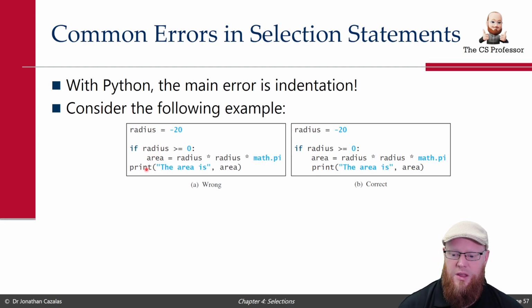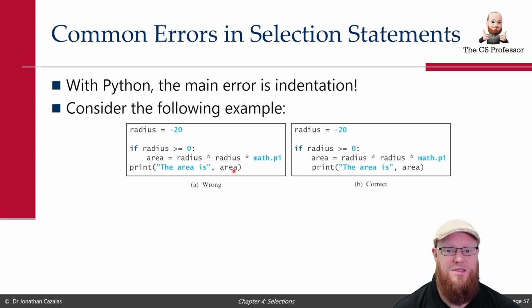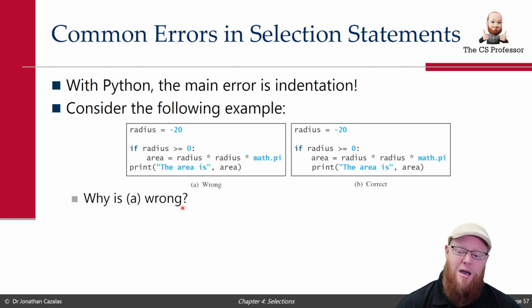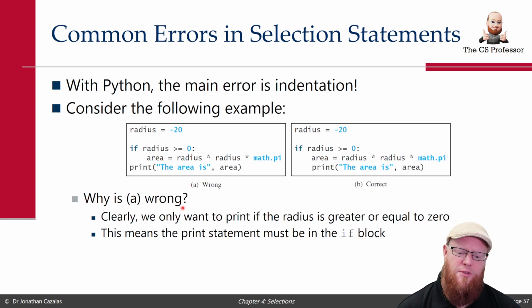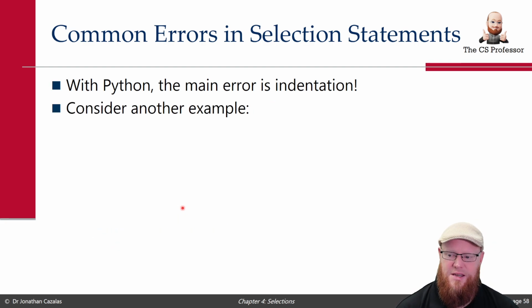And when we come over here to print, we're still going to print because we indented it incorrectly, and it will print the area is area. And Python will say, I don't know what area is because I've never seen that variable. Of course it did not see it because it was conditionally created and assigned only if radius was a valid radius. So this is a common error based off of what I just described, indentation.